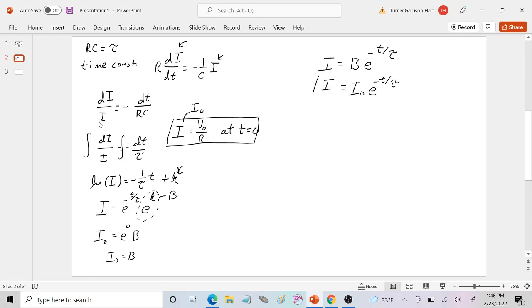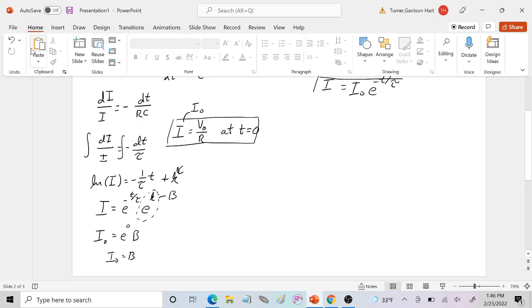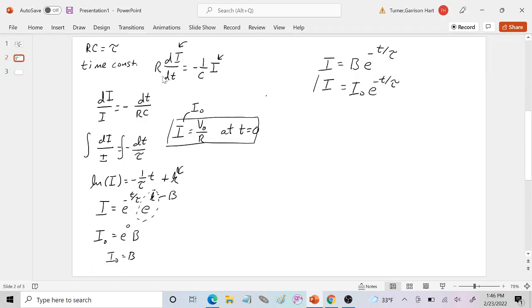So we have answered the first of our questions, and that is, what is the current? Just as in the discharging case, in the charging case the current still is exponentially decaying.